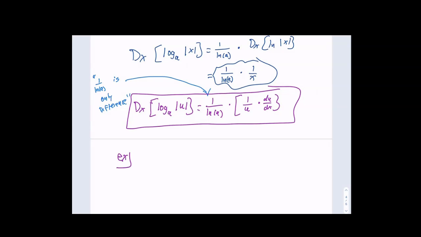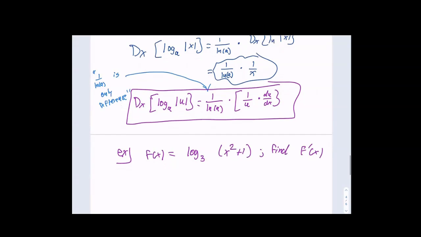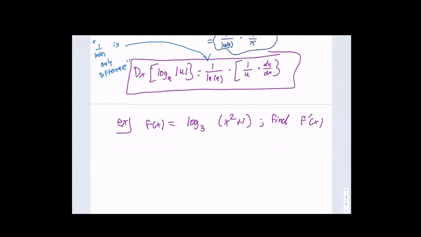Example. f of x equals log base 3 of x squared plus 1. Find f prime of x. Okay, so we see this log base 3 and we get freaked out. Oh no, what do I do?